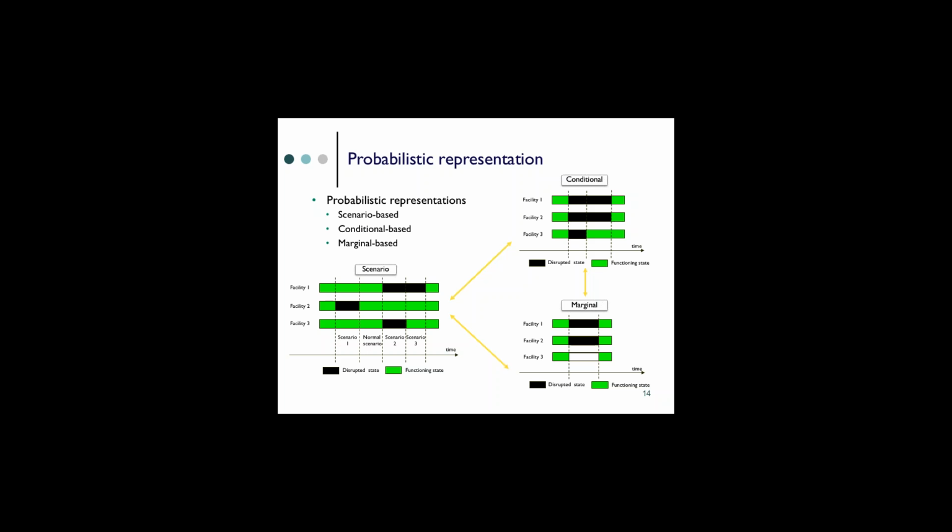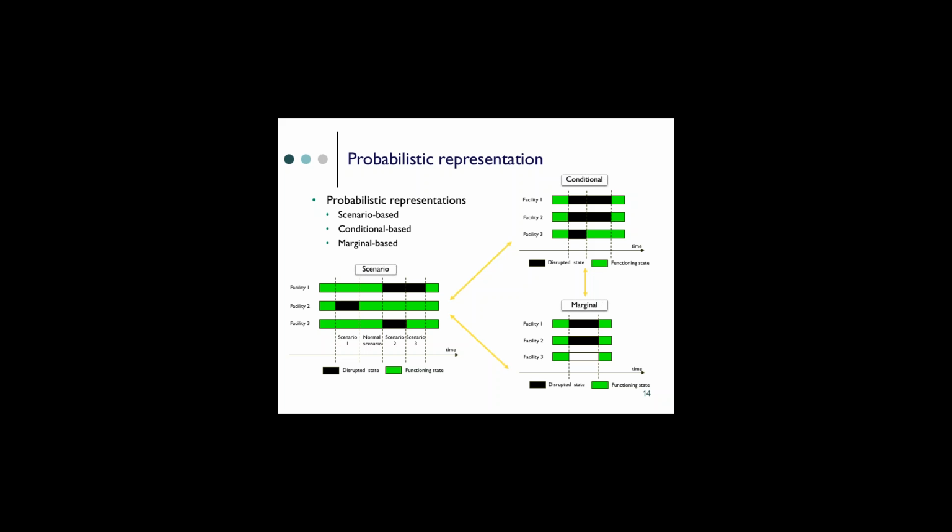We have a system consisting of 3 facilities. Each scenario corresponds to a specific time period. In this time period, some facilities are functioning while the other facilities are disrupted. And the scenario probability is defined as the ratio of this time length to the whole time length.